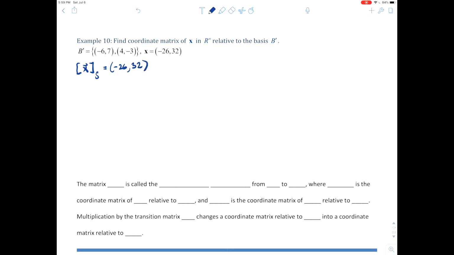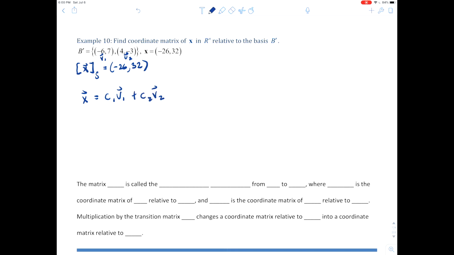Cool so far? So if this is my vector v1 and vector v2, what should we do? Well, x needs to be written as a linear combination of the vectors in the basis B prime.